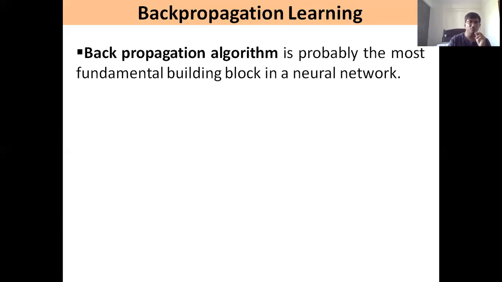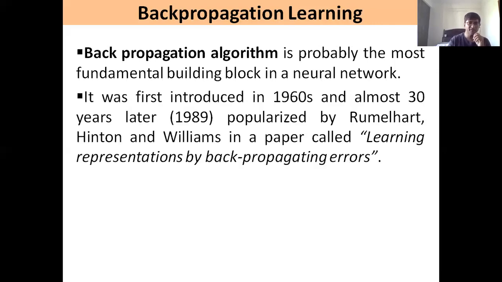This backpropagation network was in fact introduced in the 1960s, and it took almost 30 years before scientists started believing that it can be so useful. It was popularized by Rumelhart and Williams in their paper titled "Learning Representations by Backpropagating Errors."